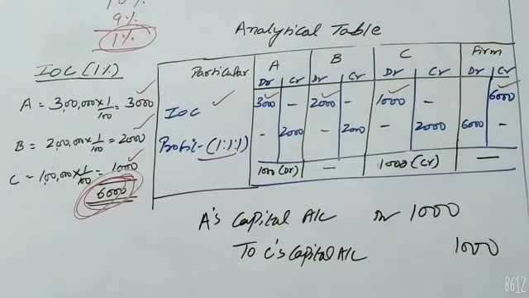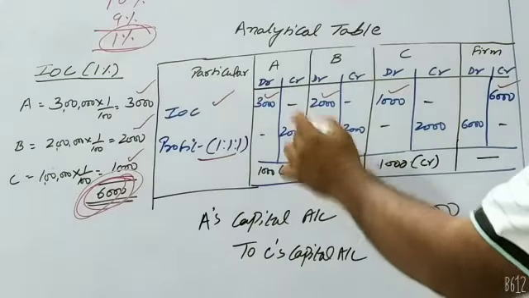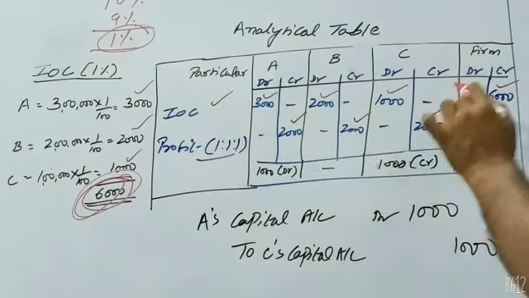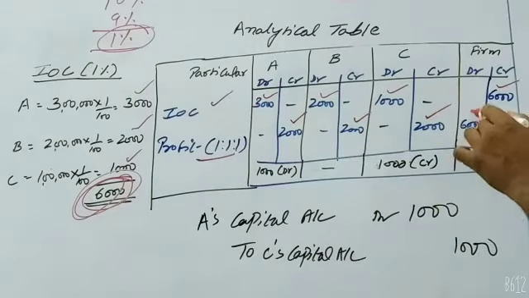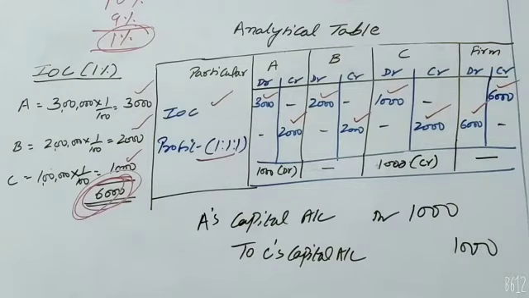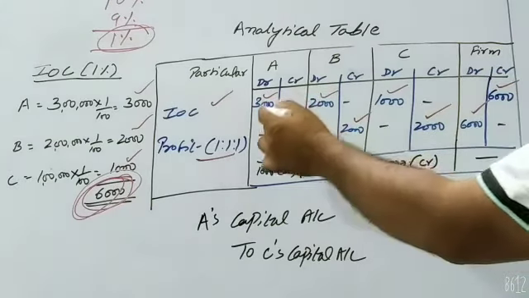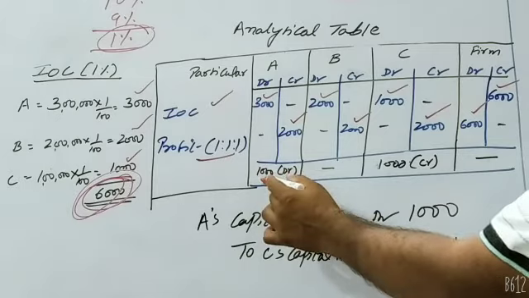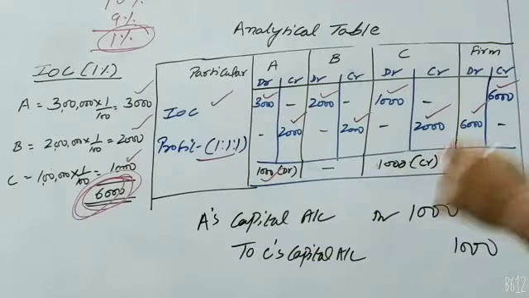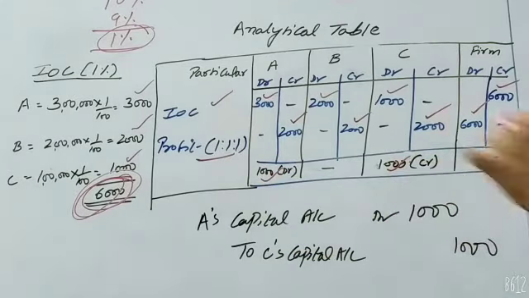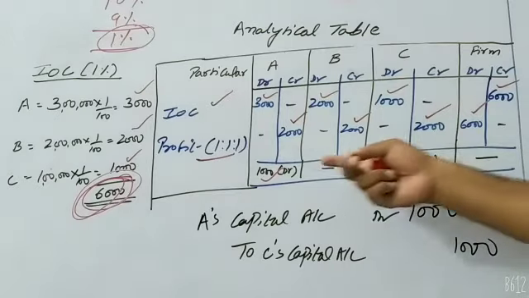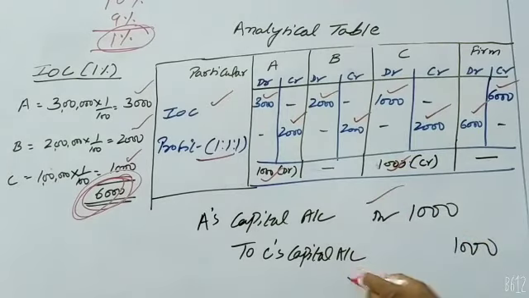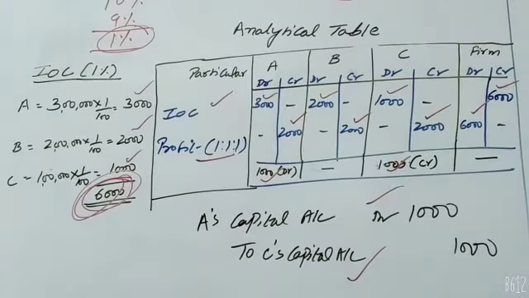So here we have written on the credit side profit: A 2,000, B 2,000, C 2,000, and the firm will be debited by 6,000. Now let's take the difference. Here debit is more by 1,000 in case of A, and credit is more by 1,000 in case of C. So the entry would be A's capital account debit to C's capital account 1,000.